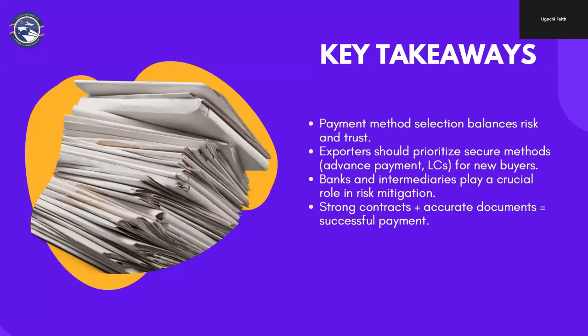Because sometimes, that's why I mentioned that export pricing that I spoke about. Sometimes you might tell your importer, this thing is 5 naira. Then maybe after a month, you started working on the contract and the price has gone to 6 naira.